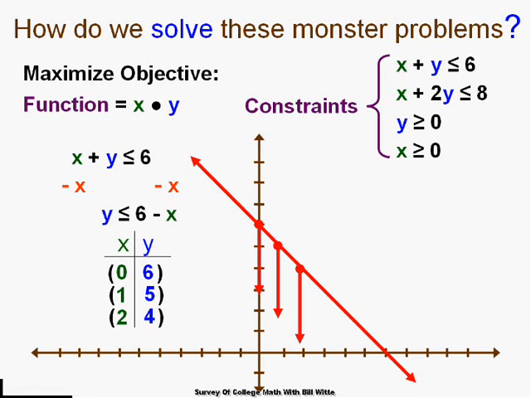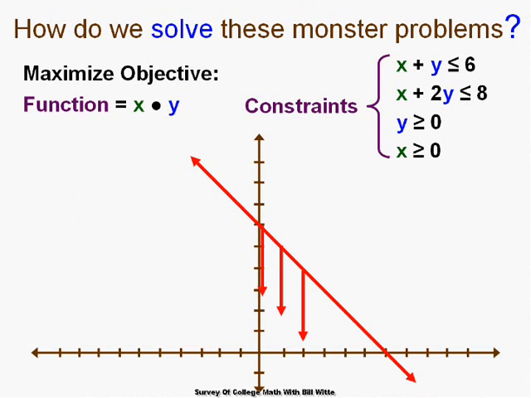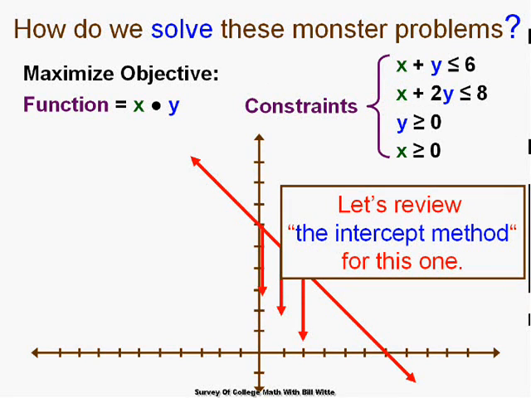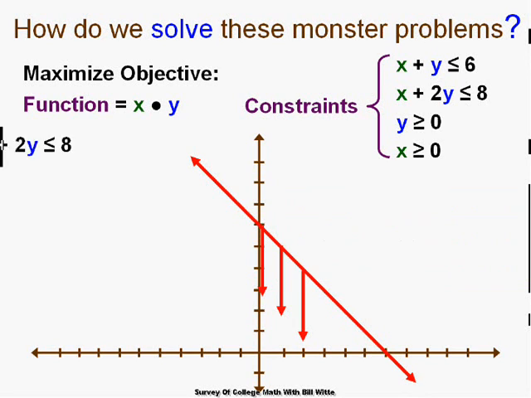Now let's stay on the same graph, and we'll do the second equation. This one is a little more difficult to solve for y. It's not that hard, but I'm going to review the intercept method for this one, because it kind of reeks of the intercept method. Remember that? We put a 0 in for x and find a point, and put a 0 in for y and find a point.